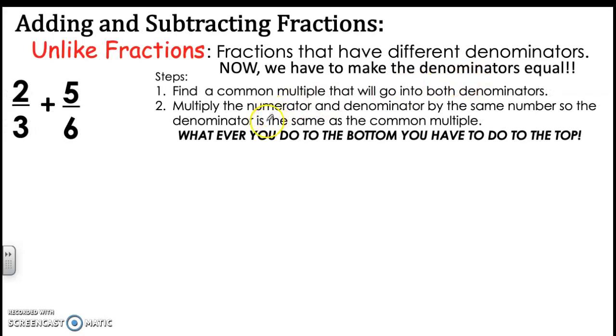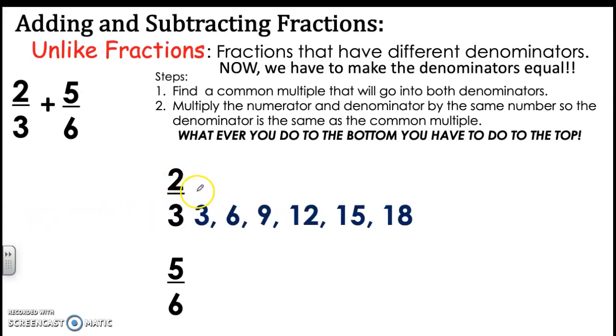These are my steps. Find a common multiple that will go into both denominators. Multiply the numerator and denominator by the same number, so the denominator is the same as the common multiple. And whatever you do to the bottom, you do to the top. That's the main idea. So let me bring those two fractions over here, 2/3. The first thing that I want to do is the multiples of my denominators.